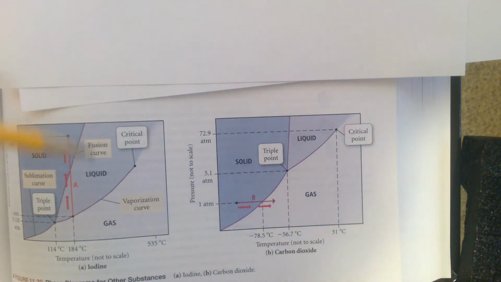Okay, and again, notice on each one of these graphs, we've got a triple point defined. We also have critical points defined. And notice that the shape is still similar in that it's a wishbone or Y shape, but the amount of area that each phase is occupying is different.